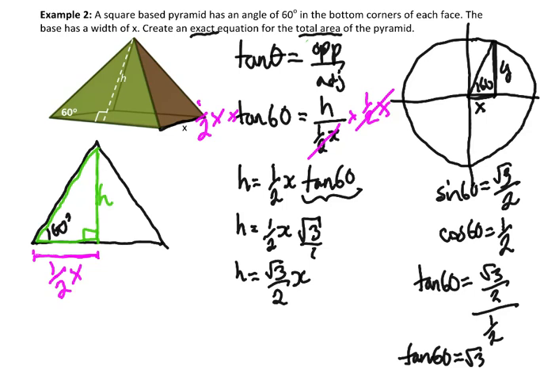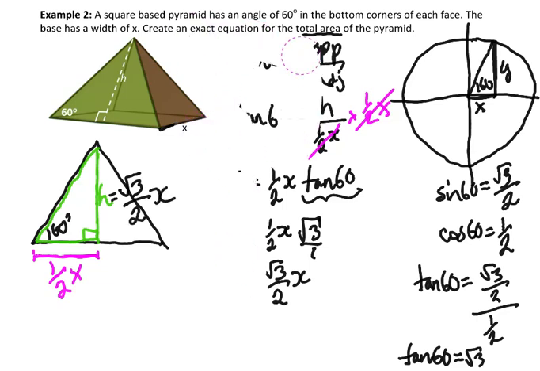What we want, though, is the area of that triangle. So I'm going to erase a little bit of stuff here so I have more room. So I'll write in h. So h we found was equal to root 3 over 2x. So let's erase some of this stuff just so we have a little bit more room.